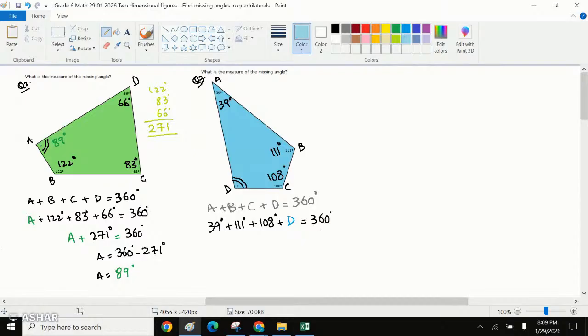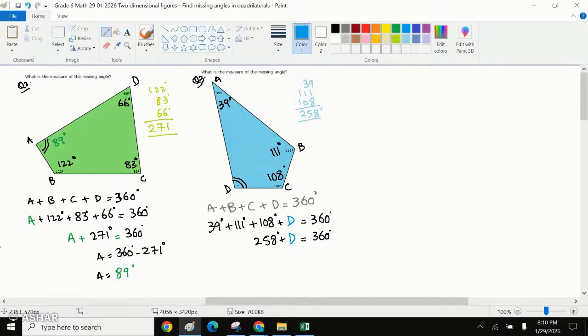If we add the angles together, 39 plus 111 plus 108 comes out to be 258. So 258 plus angle D should be equal to 360.